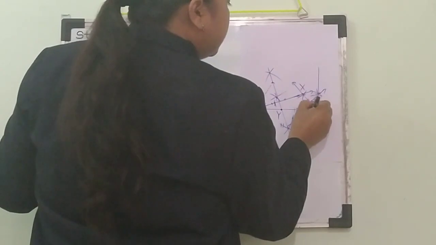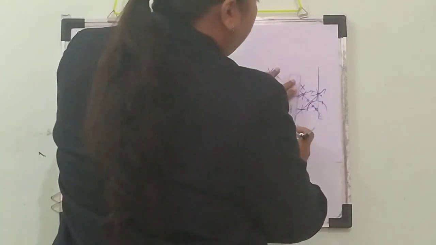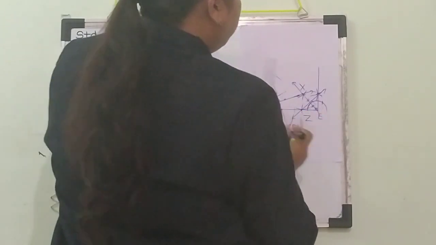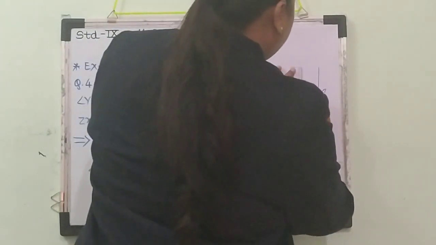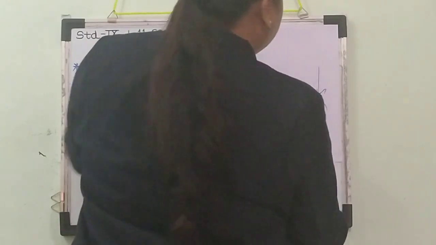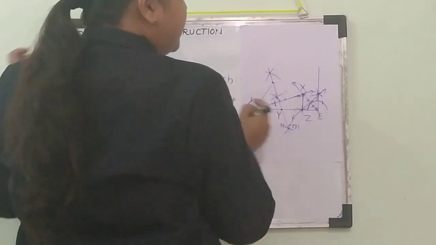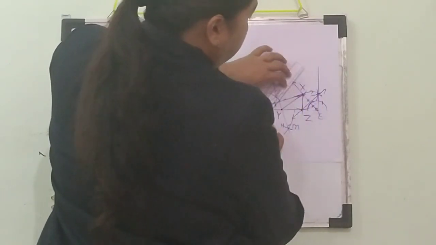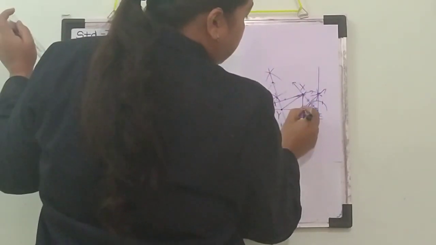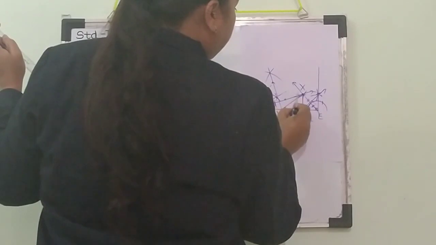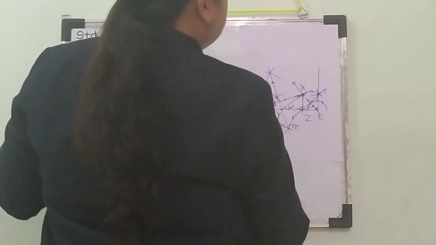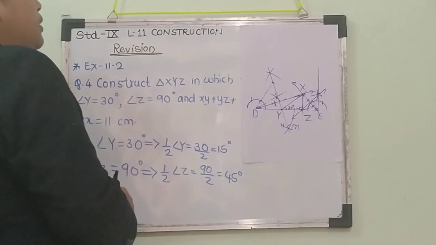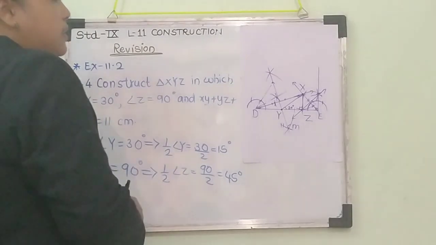It will bisect, and here we get the point Z. Now join XZ. So we get the required triangle XYZ like this. Here is the 90 degree angle and here we get the angle of 30 degrees. So in this way we can construct when the perimeter and the two base angles are given.